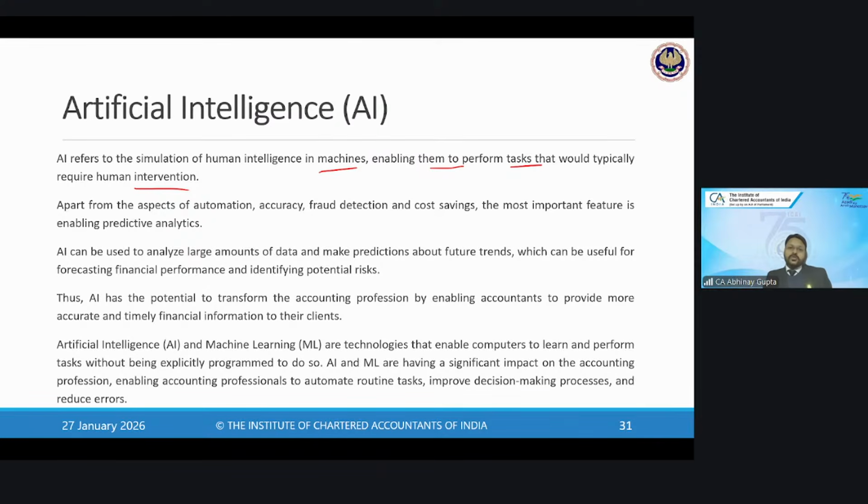So AI is capable of doing those tasks which otherwise require human involvement or intervention, right? So AI can do those things without human intervention. That is the specialty AI carries.